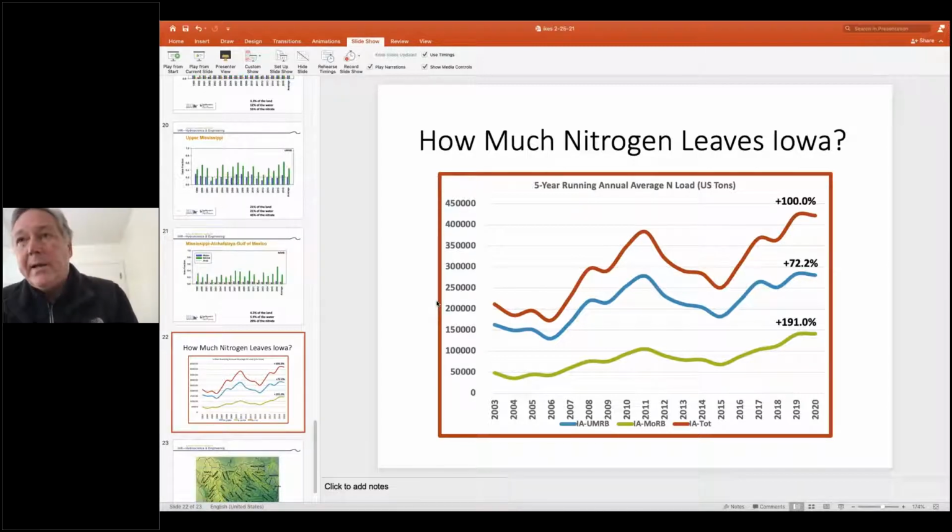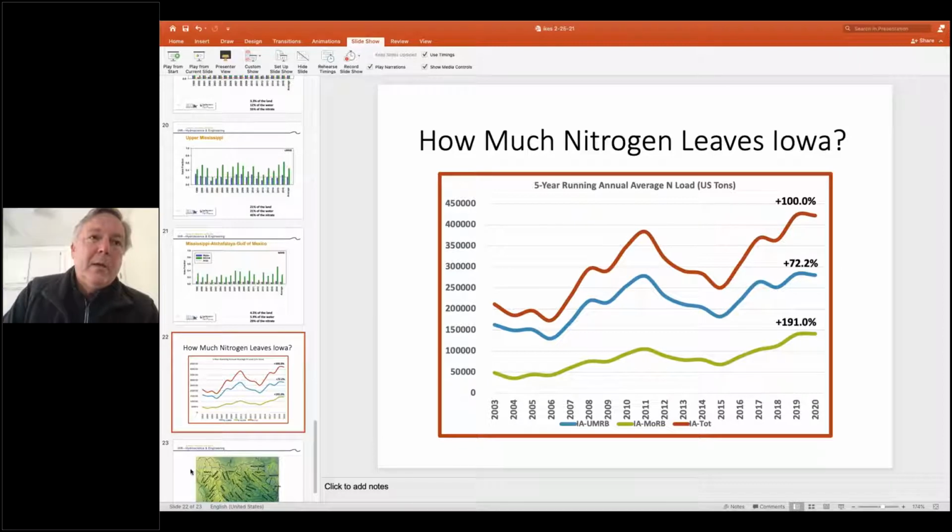That's the line in red. The line in blue is the Iowa areas draining to the Mississippi. That's increased about 72%. And then the green line, the Iowa areas draining to the Missouri, has increased 191% since 2003. Things seem to be changing more rapidly in western Iowa than they are in eastern Iowa. And that's probably because we've had more conversion of pasture to row crop in western Iowa, and the tile has come later out there.